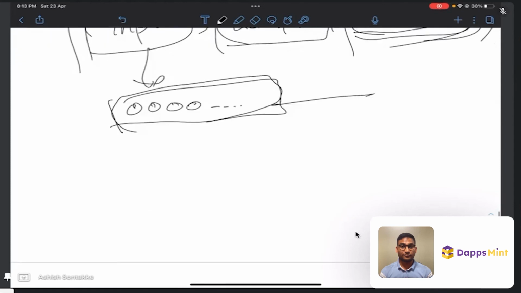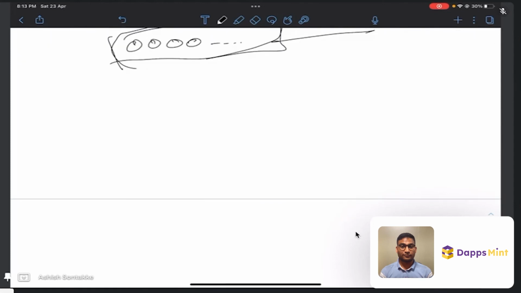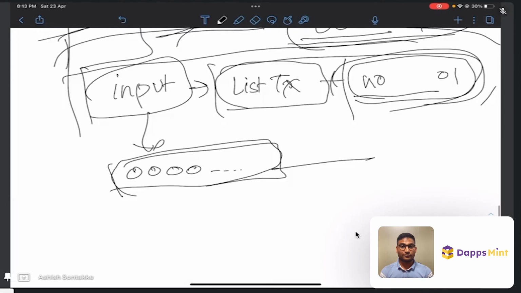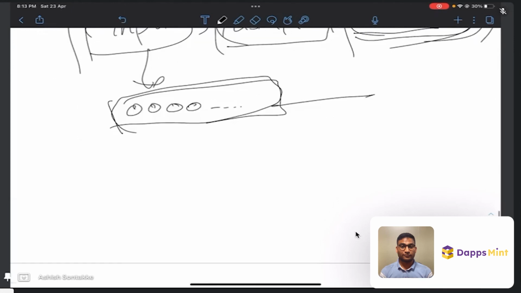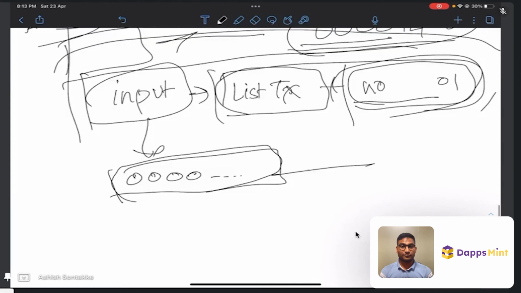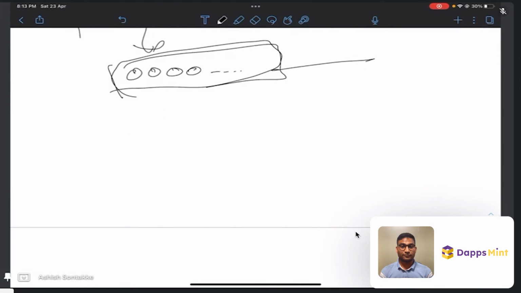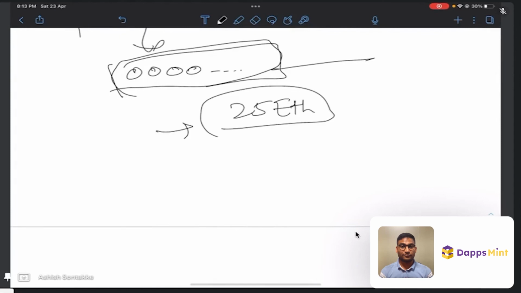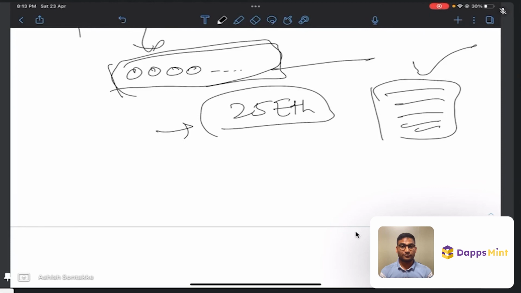Proof of stake is where the miner, once he gets these transactions, doesn't need to do any work. He has to stake some amount. So he goes to the network and says, I'm staking, let's say, 25 ether to make sure that these transactions are validated and correct. All the miners get to put in their own stake.